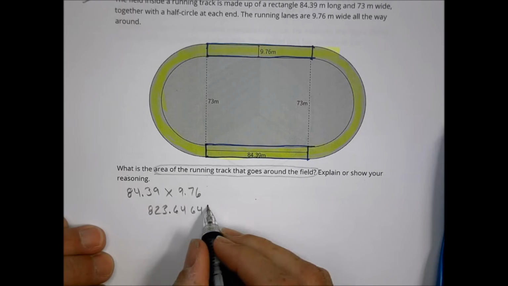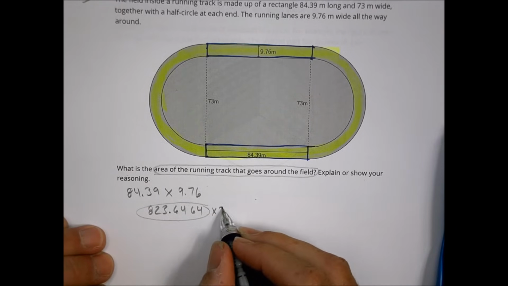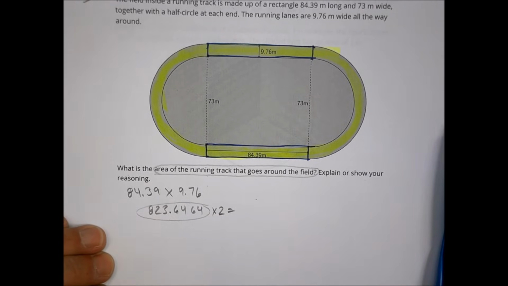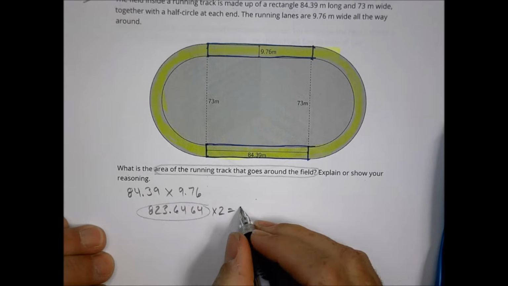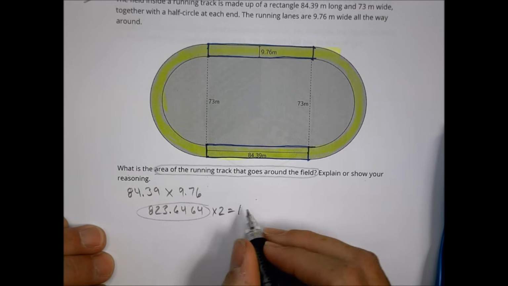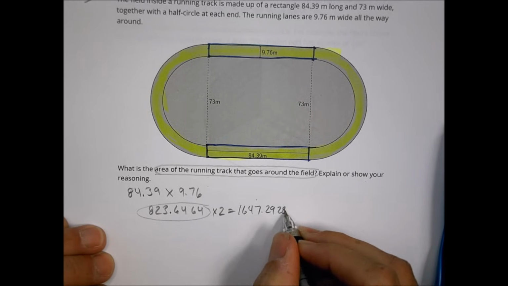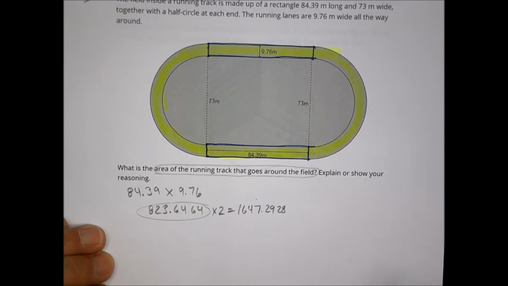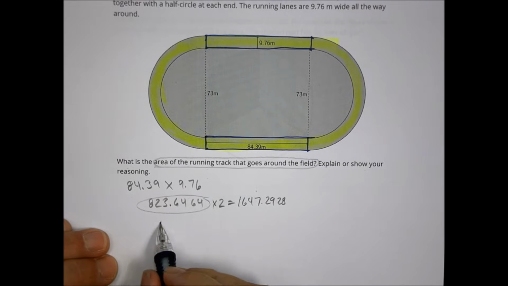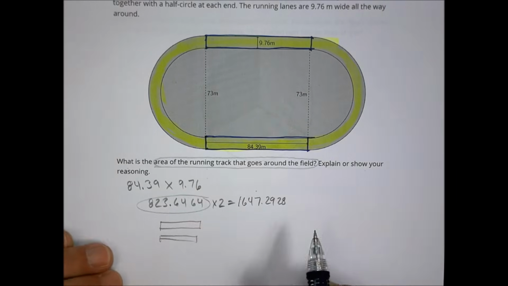So we take that amount there and we multiply it by 2, and we end up with 1,647.2928. Okay, so that's the area of what we would call our straightaways, right? Those are the two straightaways on the front side and the back side of the track. Okay, that's part of it.